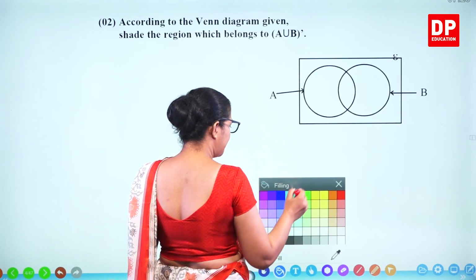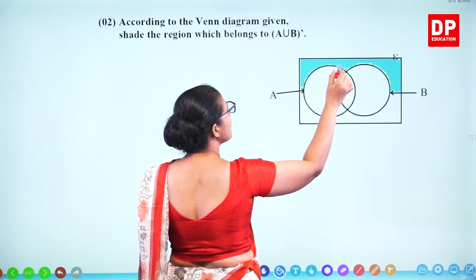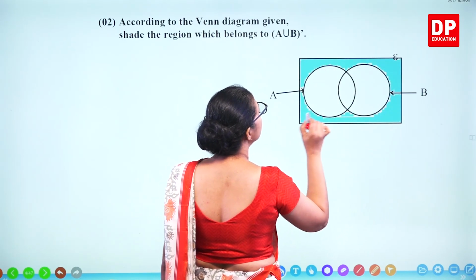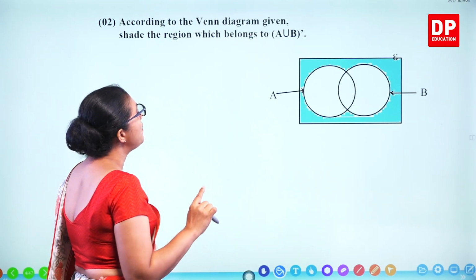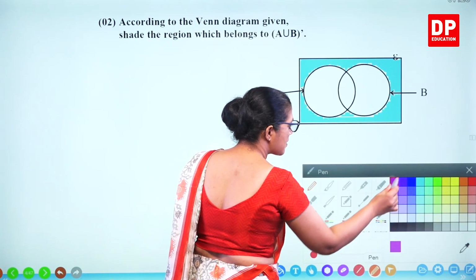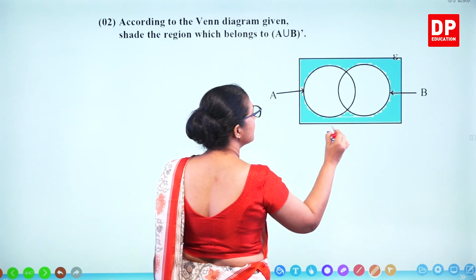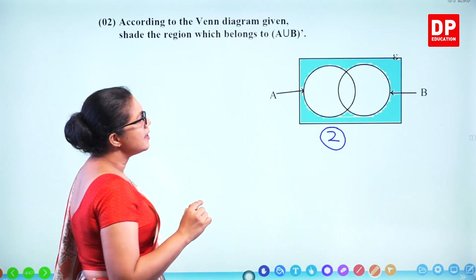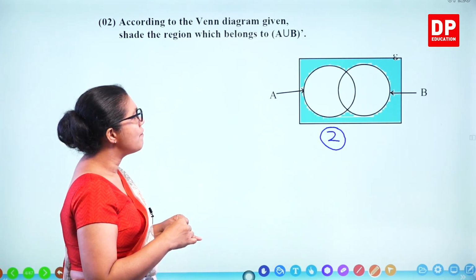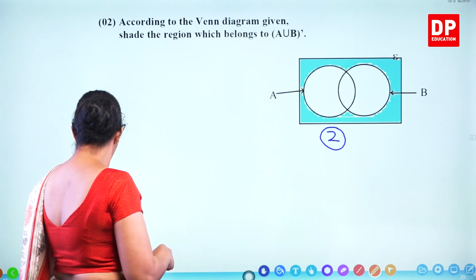Outside means this part. So A union B dash. You get 2 marks for that, for shading the union's complement, everything outside.